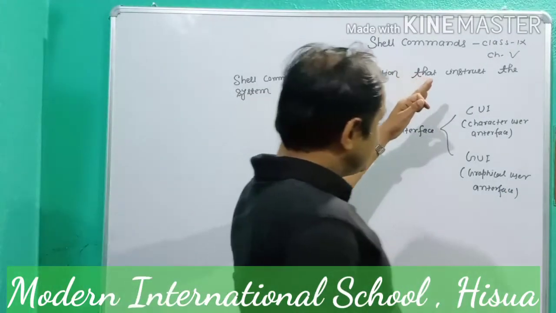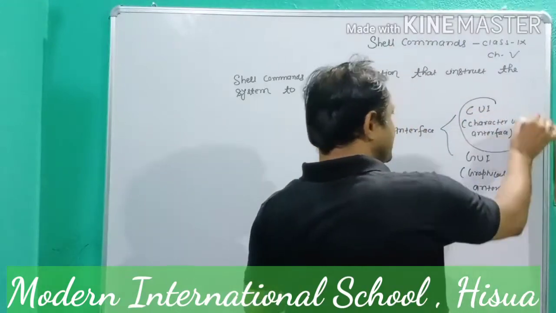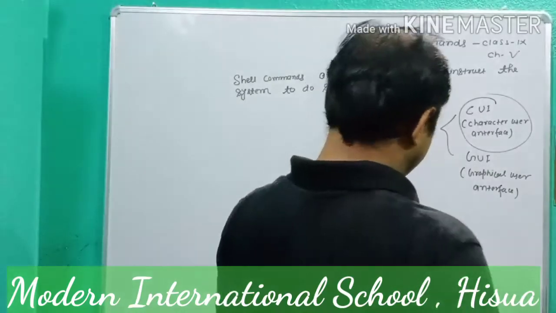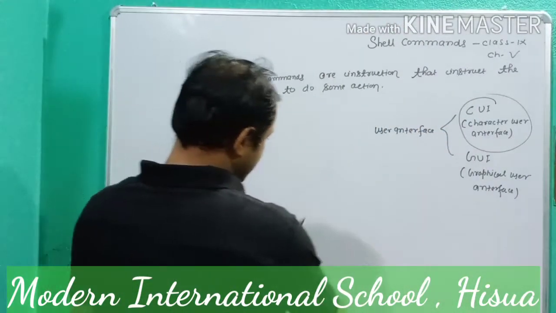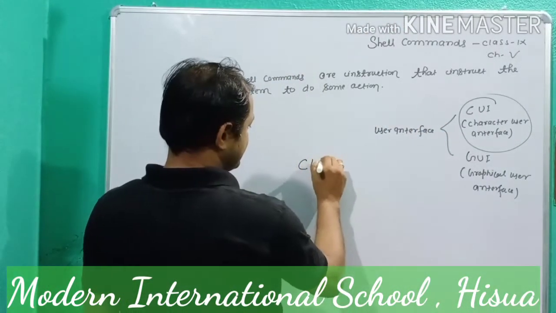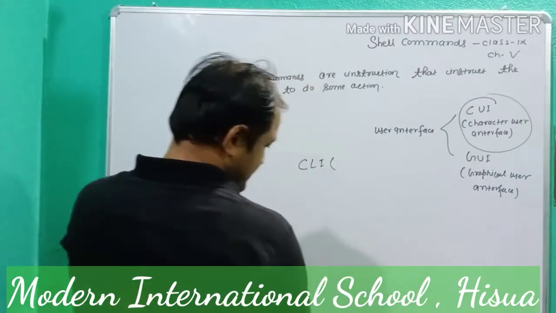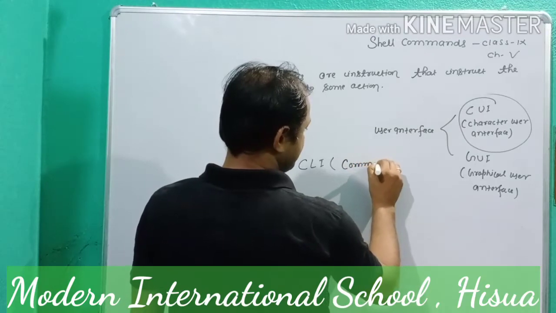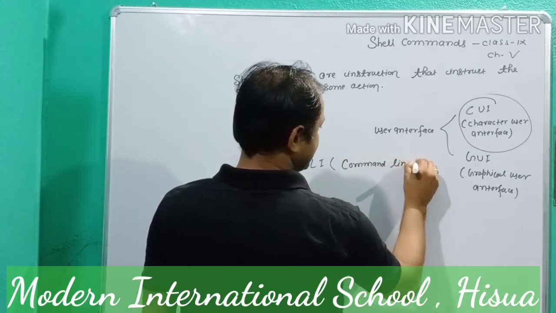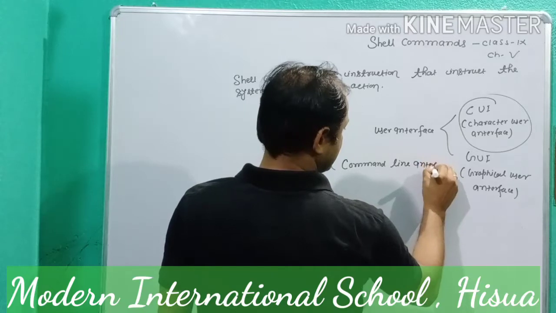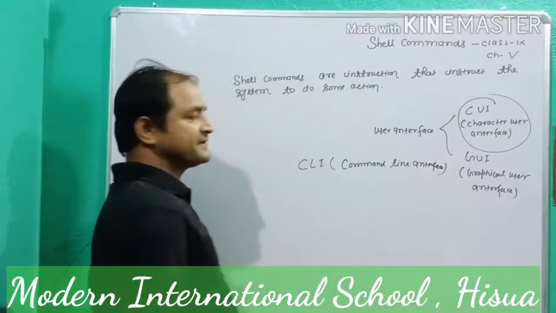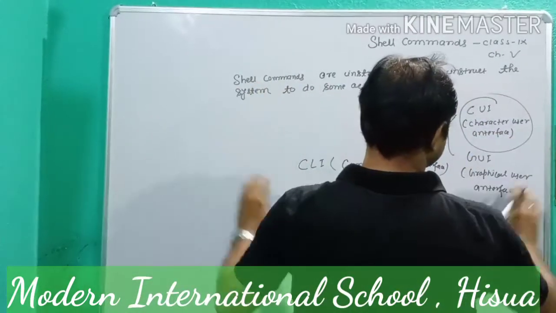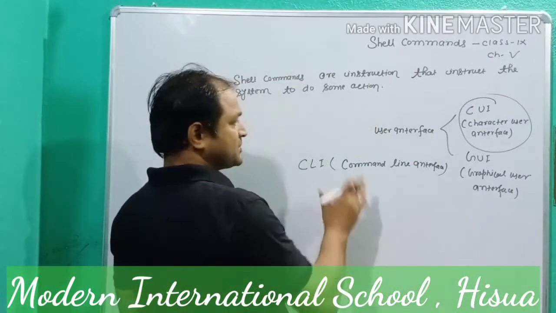The shell command is mainly dependent on the character user interface, and this CUI has another name, CLI. What is the full form of CLI? Command line interface. This is a very interactive and very interesting chapter topic.